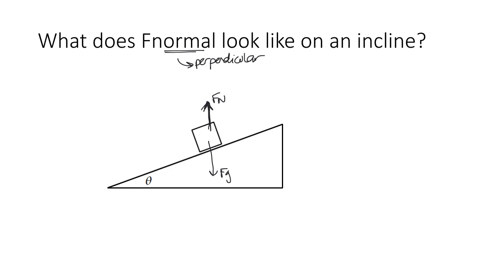It also doesn't account for the fact that an object on an incline can be sliding down the incline. So we have to draw this in such a way that the normal force is perpendicular and that an object can slide down the incline. So your normal force is actually going to be drawn perpendicular to the surface like this.